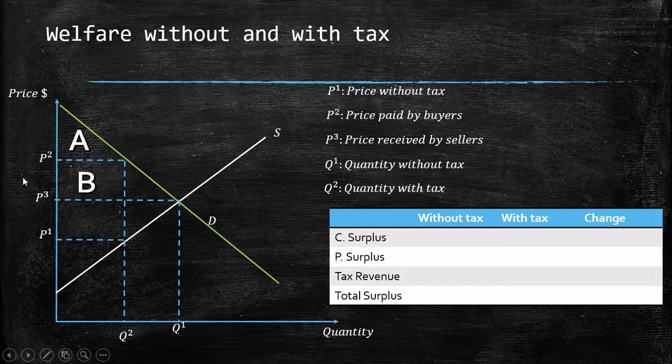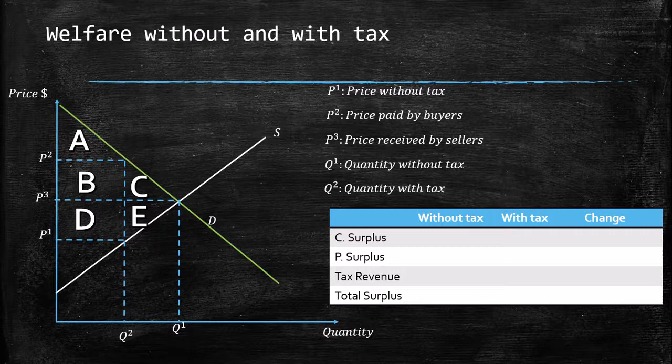Here we have the part C, whose base is the difference between the quantities Q1 and Q2, and the height is the difference P2 minus P3. Here we have D, whose base is Q2, and the height is the equilibrium price P3 without tax, minus P1, the price received by producers.